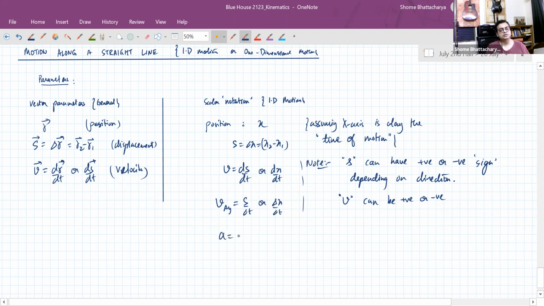Instantaneous acceleration is dv by dt. Average acceleration is delta v by delta t. So all these vector notation quantities are reduced to scalar notation.